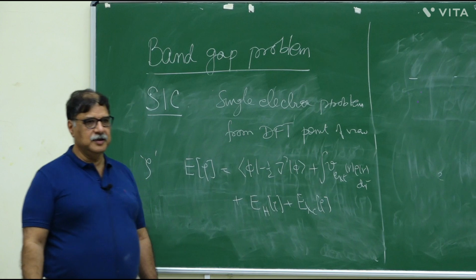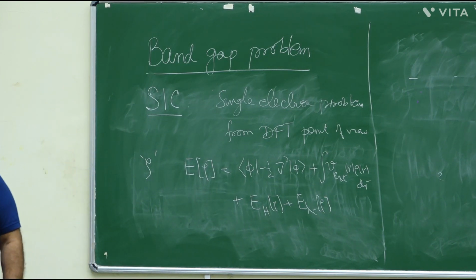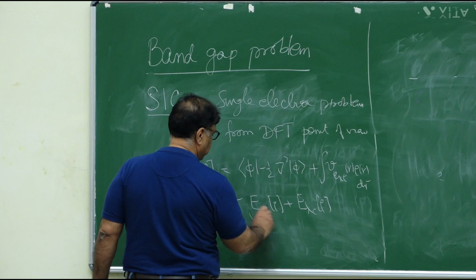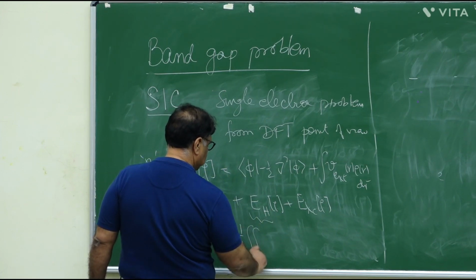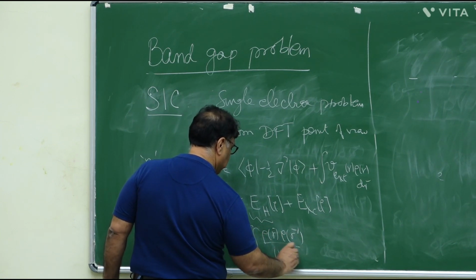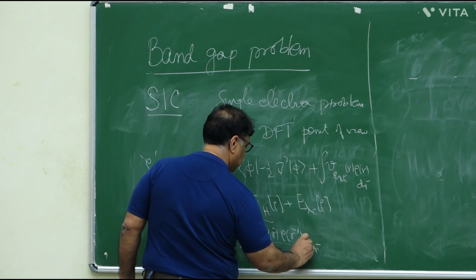This is the formula given in exact DFT, because there is a universal functional: a kinetic energy functional and an exchange correlation functional in terms of density. And E Hartree, for a single electron, is 1/2 integral of rho(r) rho(r prime) over |r minus r prime| dr dr prime.